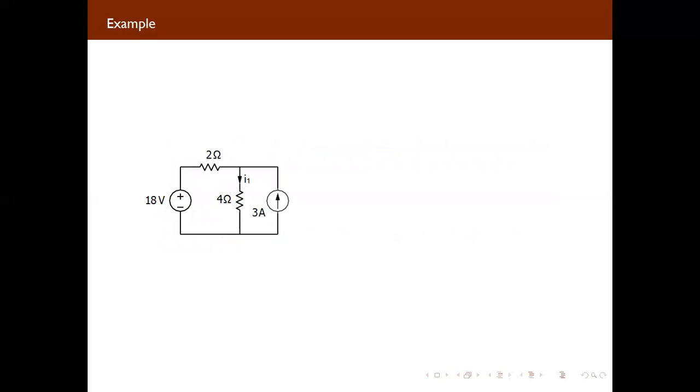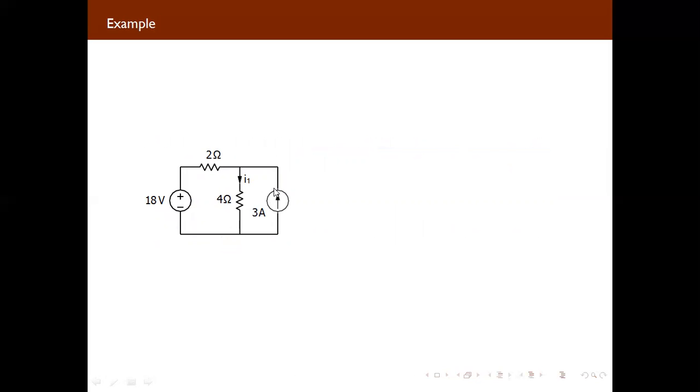If we have this circuit and we are supposed to use superposition theorem, can anyone tell me how many energy sources are there in this circuit? Please answer the question. Anyone? Okay, you can see here there is one voltage source and one current source.